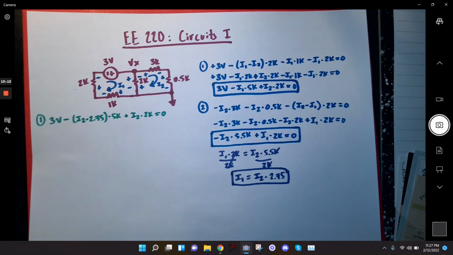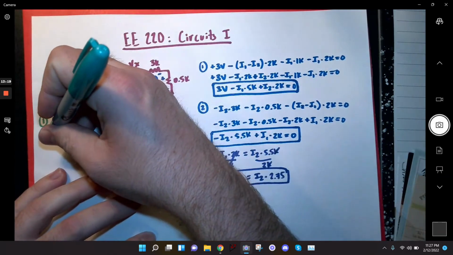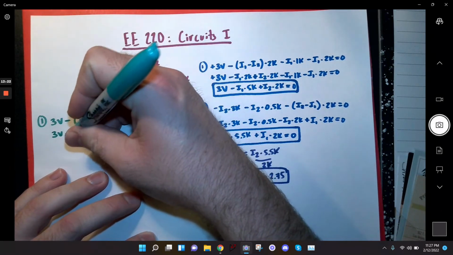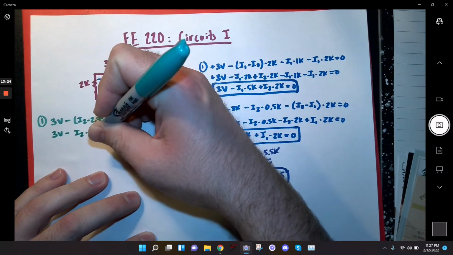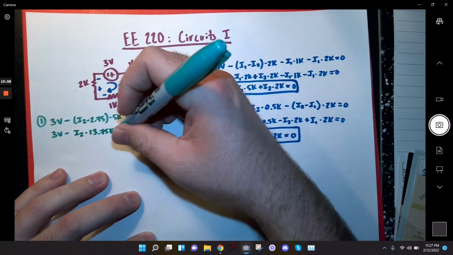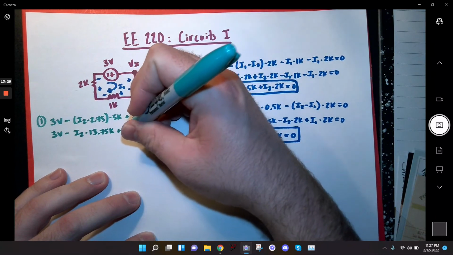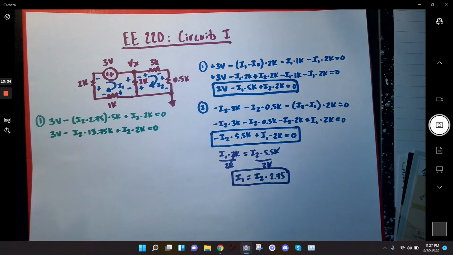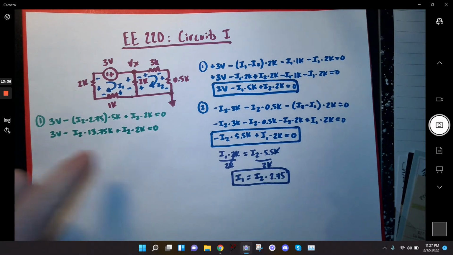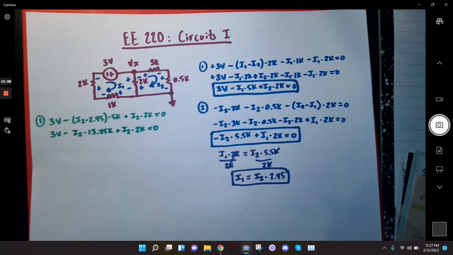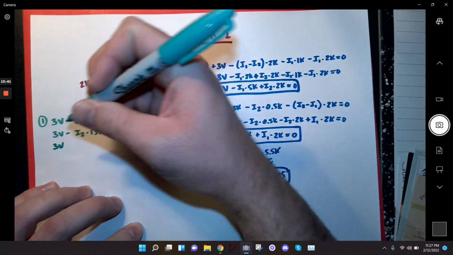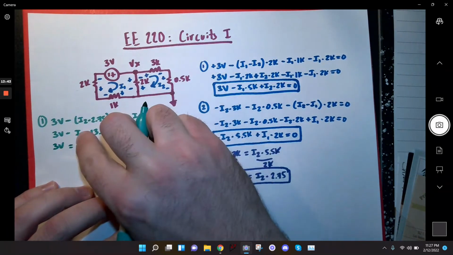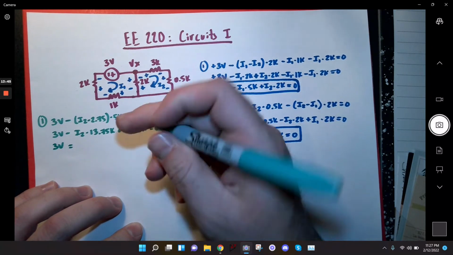So what's 5k times 2.75? 5 times 2.75 gives me 13.75. So 3 volts minus I2 times 13.75k plus I2 times 2k equals 0. So basically I can go ahead and get all the I2s on one side by themselves. So let's say 3 volts equals, and now I'm adding this term over to the other side, and I'm subtracting this term over to the other side.